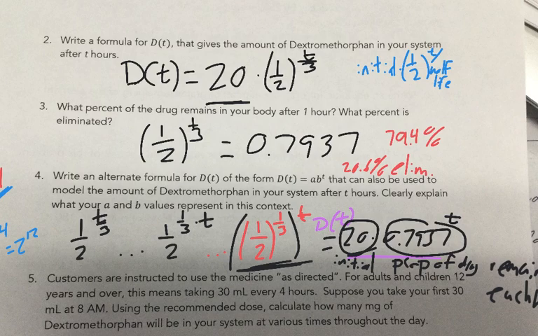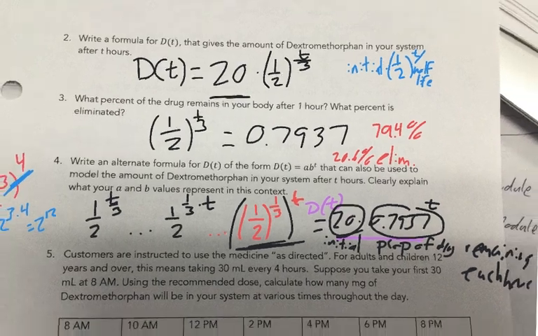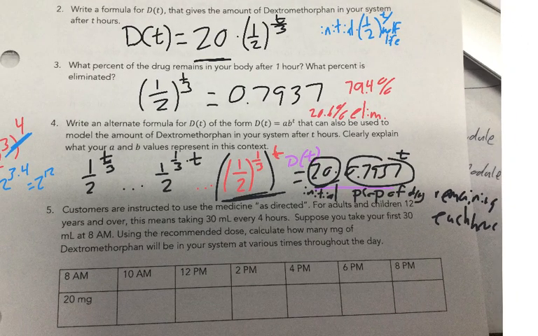All right, hopefully we just saw that on number 3. So the benefit of this versus here is this tells me hourly how much is remaining. Whereas here, we have to go 3 hours down the road to understand that another half is missing. But they both do the same thing, just maybe easier to identify from looking at the equation here.